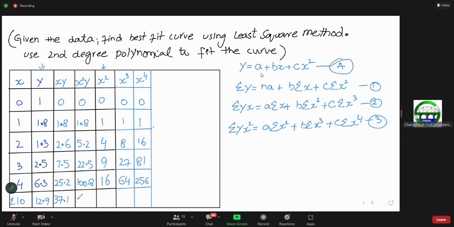What is next? X squared y, 130.3. What is next? X squared, 30. And this one, x cubed, 100. And finally, x to the 4, 354.